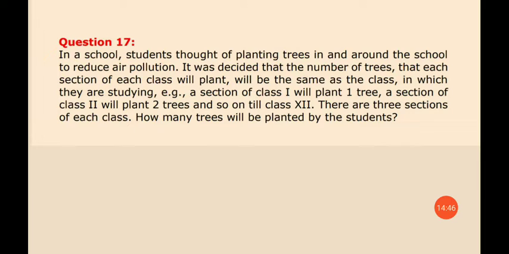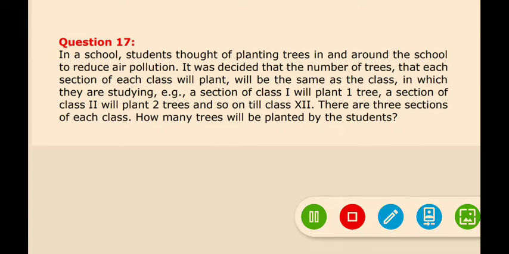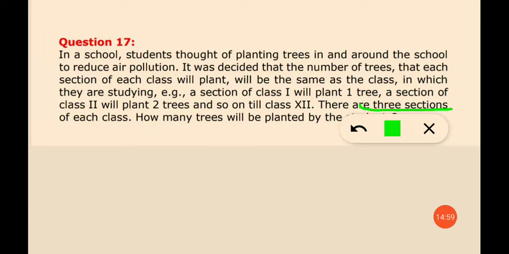Whole class 1 will plant 1 tree per section, and there are 3 sections. So how many trees will be planted by 3 sections? Yes, 3 trees by overall class 1.